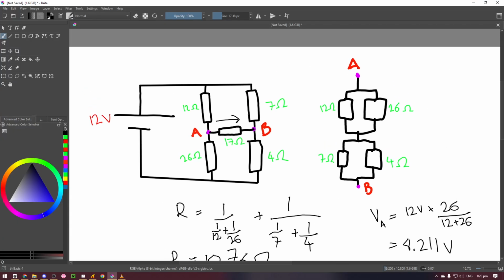Because we have a positive number, that means the current is going from A to B. If we had a negative number, it would be coming from B to A, but that's not the case. I5 here is 0.1386 amps.